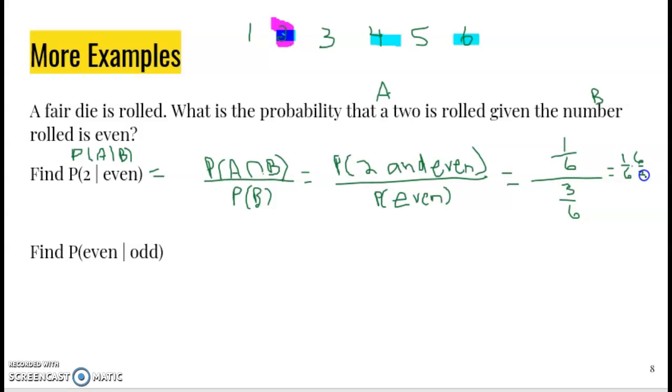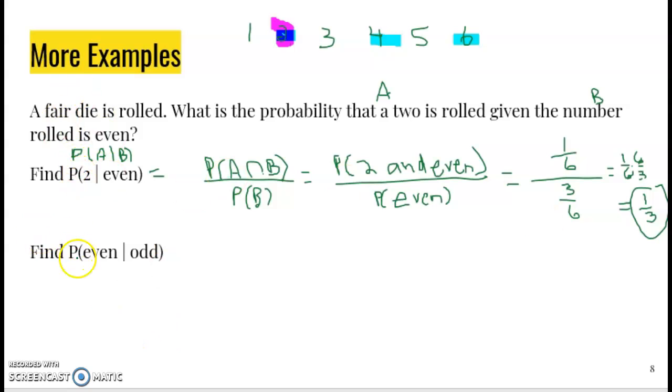My 6's are going to cancel out, so I end up getting the probability that a 2 is rolled, given that it's an even number, is 1/3.